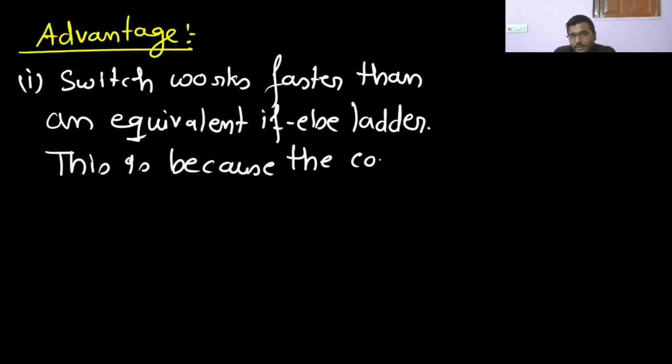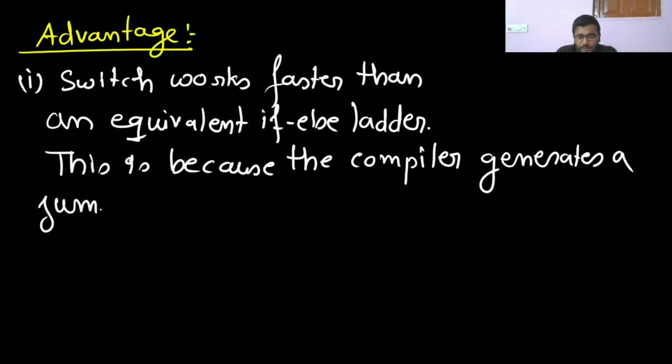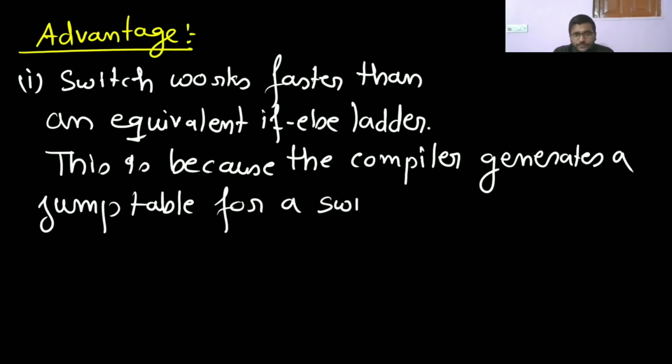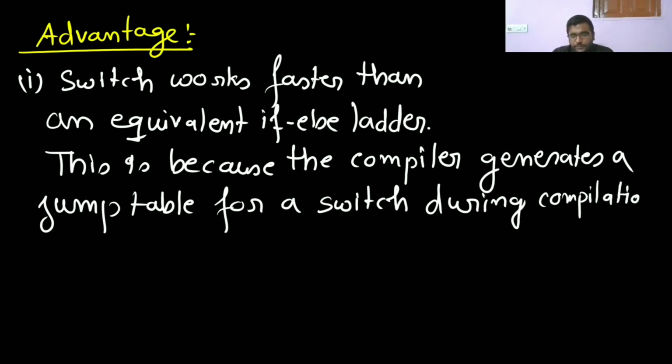This is because the compiler generates a jump table for a switch during compilation. So after seeing the value of the expression, it will jump to case 2 or case 3. So it will create a jump table.